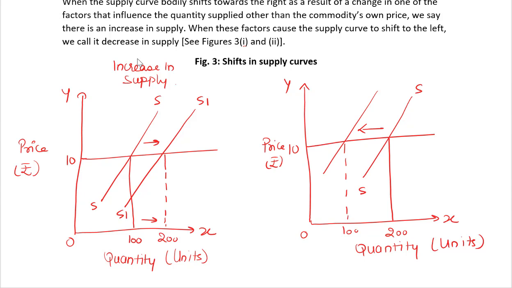This is SS, this is S1. This is the case of decrease in supply. I believe you are clear till here. Let's move ahead now.